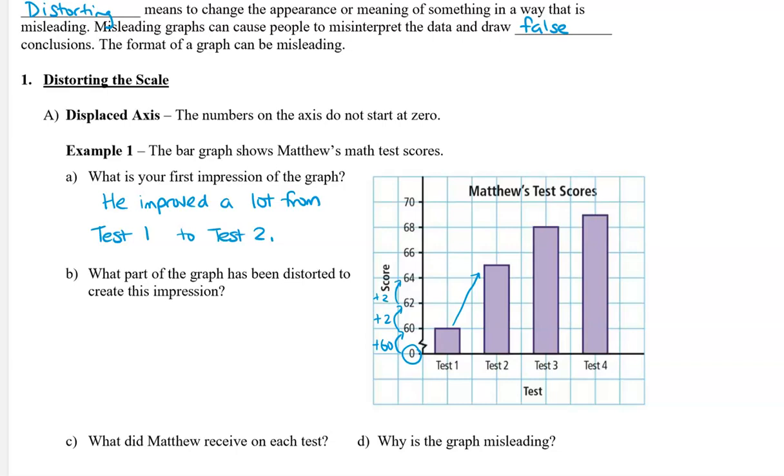So we call this a displaced axis because instead of having the x-axis way down on the bottom, where it actually does start at 0, it's actually been moved up to maybe, say, 58. So the y-axis has 0, but the graph doesn't actually start at 0.